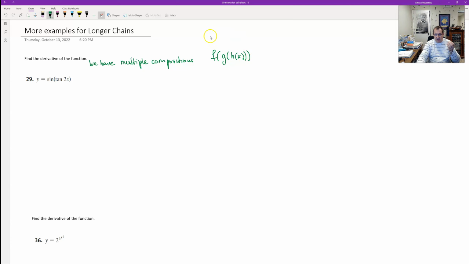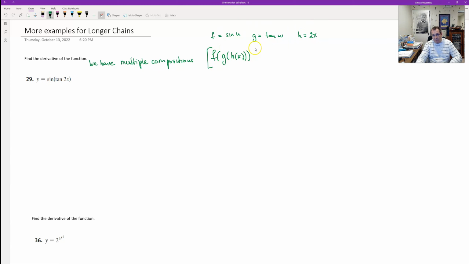And if you would like to see, then function f would be the sine of u, and function g would be the tangent of w, and function h would be 2x. When you combine all three, you will get the original function back.